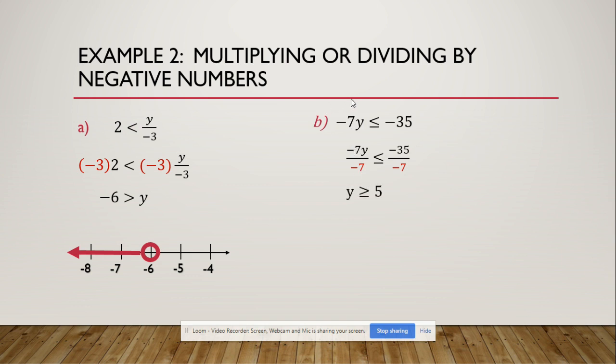But because we divided by a negative number, we had to flip the inequality. So now y is greater than or equal to 5. We put a dot on the 5, filled in this time because of the or equal to, the line underneath, and we mark all the numbers that are greater than 5.